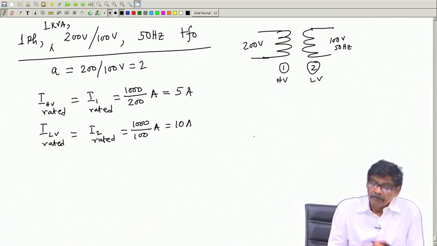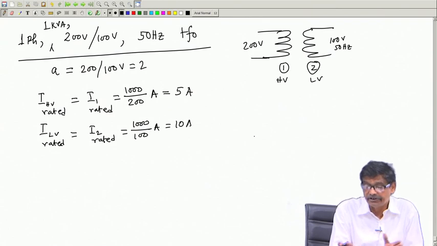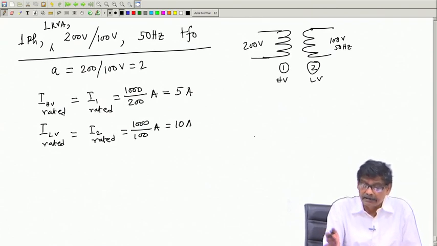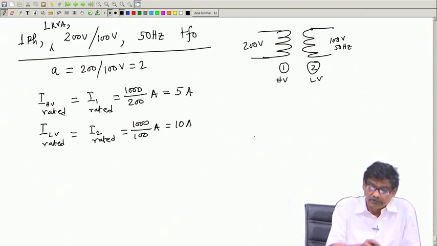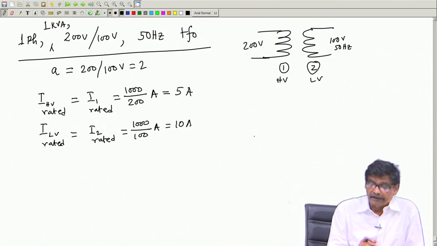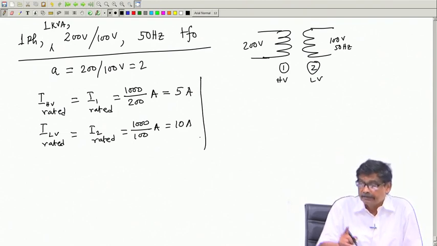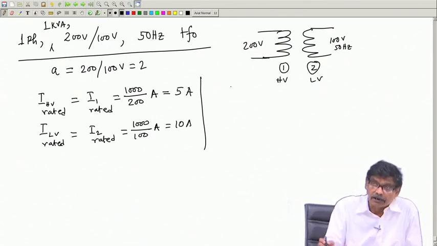Acha. So, given the transformer rating, we know about these numbers. What is the turns ratio I can make out? Calculate the rated current that can be allowed to flow through the HV winding and through the LV winding. kVA remains the same approximately.